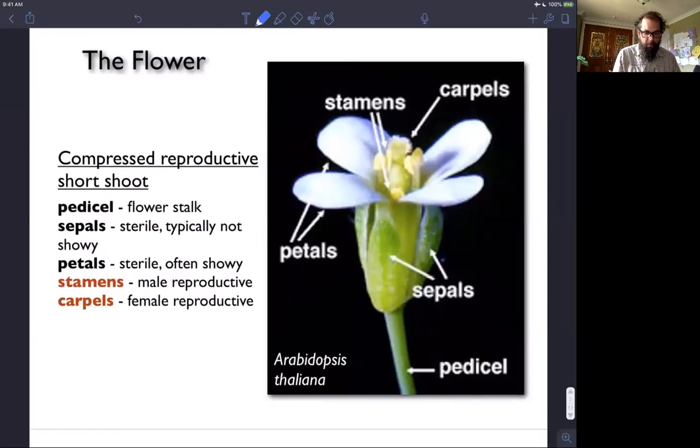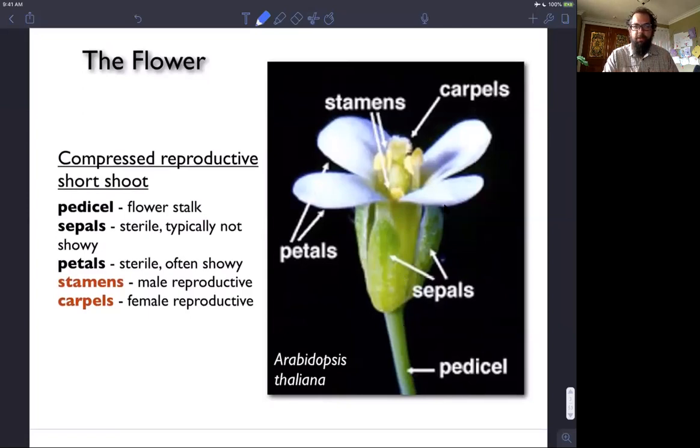And so we have the pedicel of the flower, which is this short stalk, the non-fertile parts of this. So these are the vegetative parts of the flower. The pedicel, that stalk that holds the flower up. The sepals, which are oftentimes green and not showy and are around the outside of the flower.